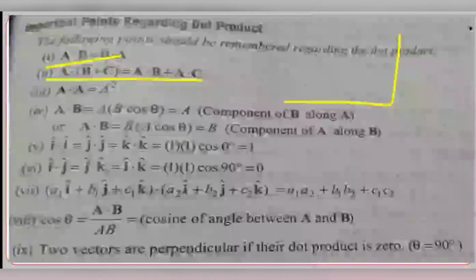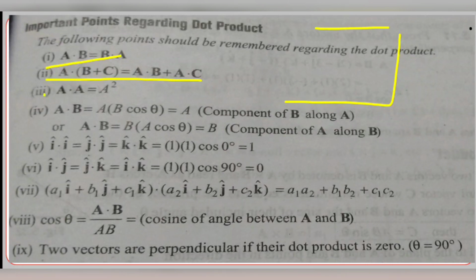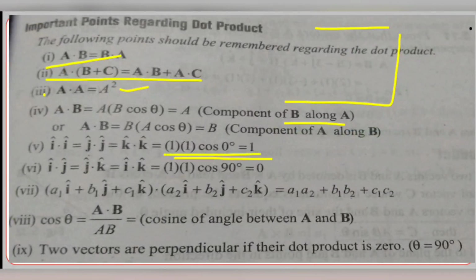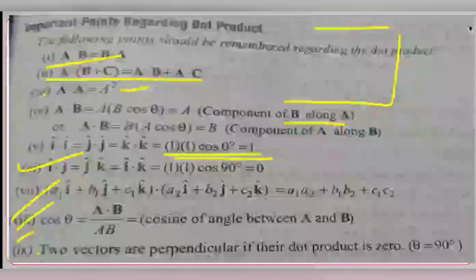Also, a dot a is a squared, and a dot b is a b cos theta, which is a times the component of b along a. i dot i equals j dot j equals 1, and all the points given here you just note down, okay?